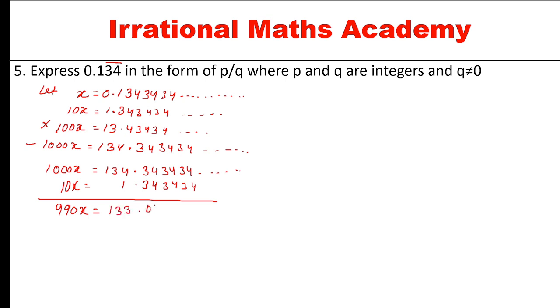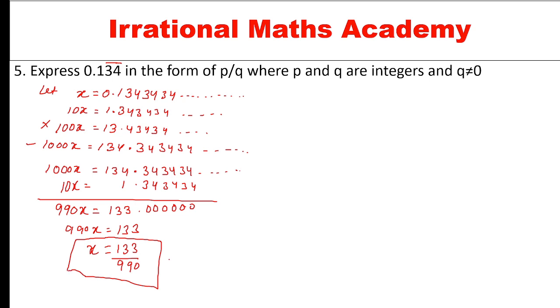After the decimal, what happens here? 0, 0, 0, 0, 0, 0. So no need to consider after the decimal. So 990x equal to 133, x equal to 133 by 990. If any simplification is there, you can do it. Otherwise, this is our answer, which is in p by q form.